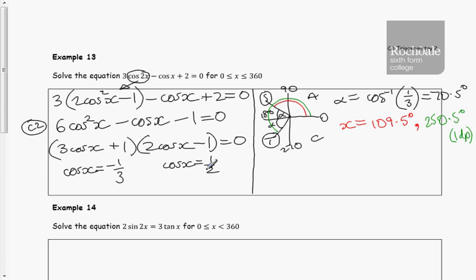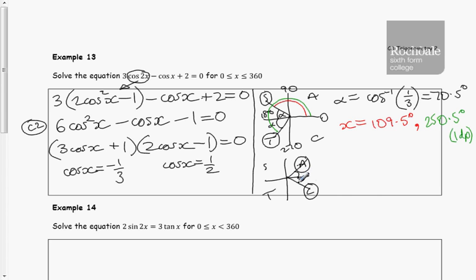Let's go ahead and find the other two solutions coming from cos x equaling a half. So this time on the cast diagram, cos x equals a positive number. So the solutions will be in A and C. The method is the same every time.